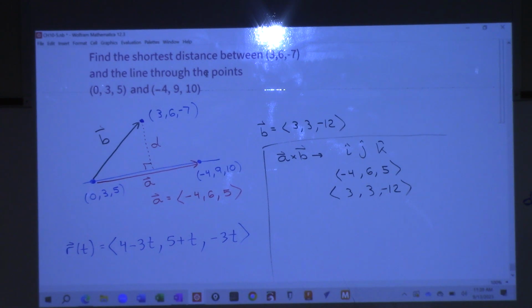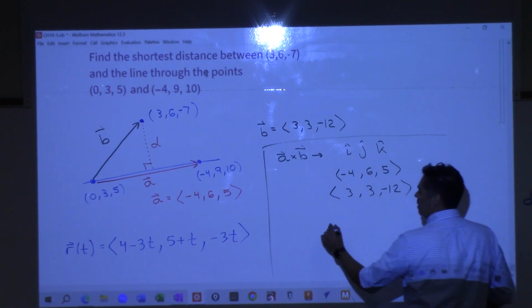Cross product order does matter, but I'm not looking at the cross product, I'm looking at the length of the cross product. If you change the order of a cross product, it changes the direction of the vector. The cross product is a vector, so if I do the cross product opposite, the vector goes the other direction. But we're looking at the length of it, so it really doesn't matter what order we go.